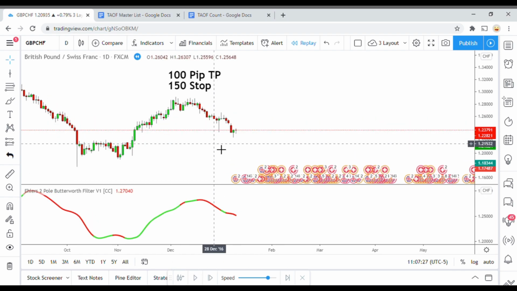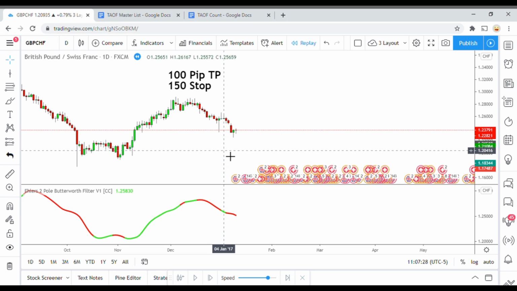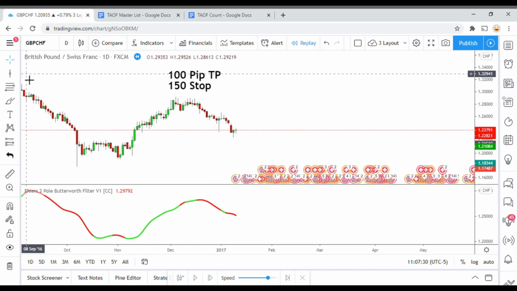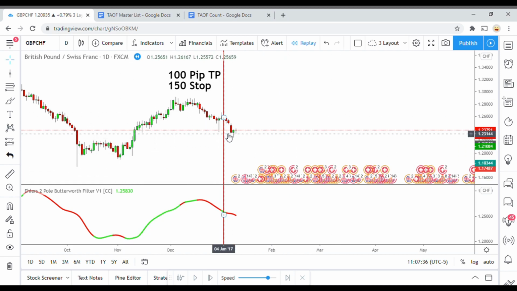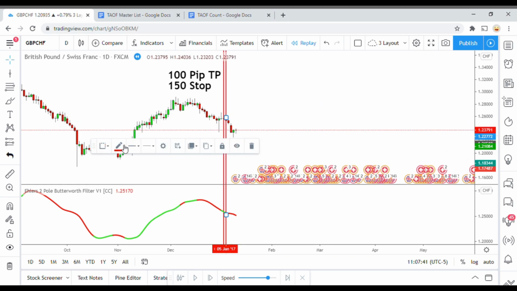All right, looks like we pick up the first signal to go long right about here. And unfortunately, almost instantly, it drops into a sell.